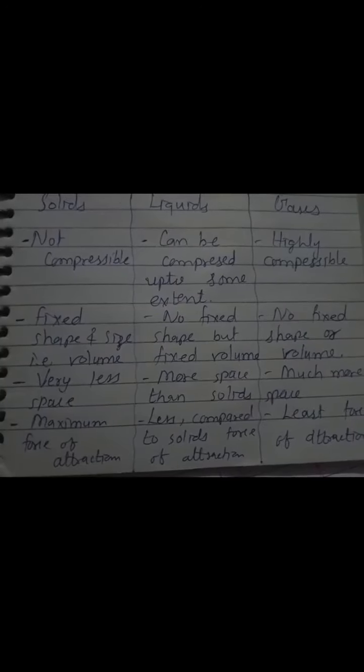In the last video we had studied about these properties of solids, liquids and gases, and as we know that spaces among gases are much more than among the liquids, in the above figure it is lesser than that, and in the solids it is less.